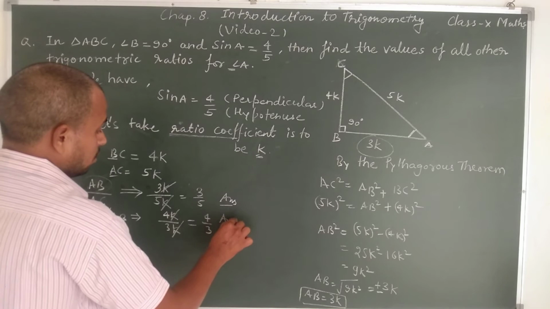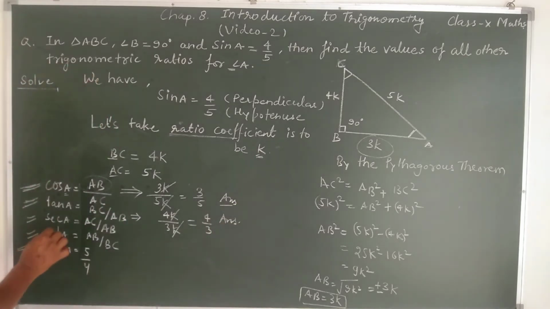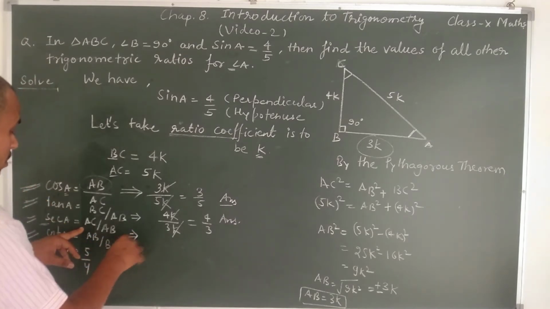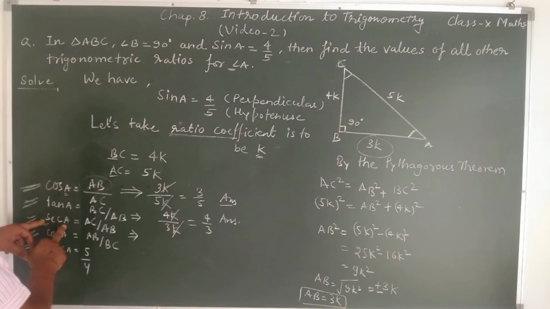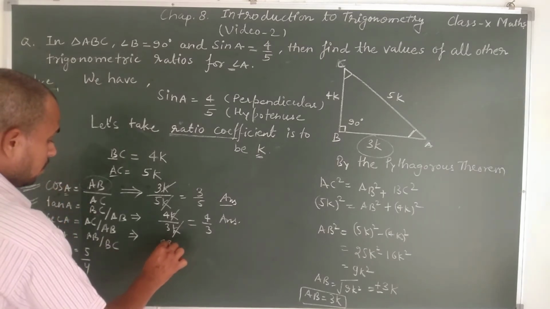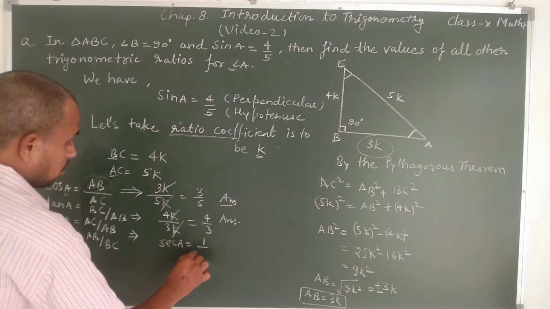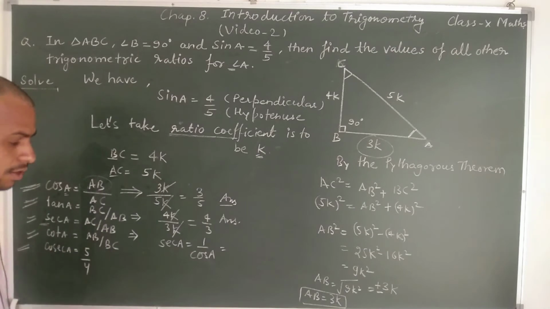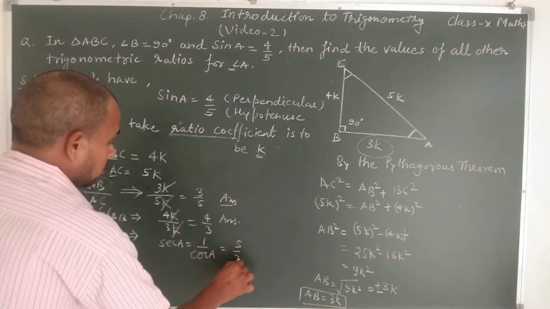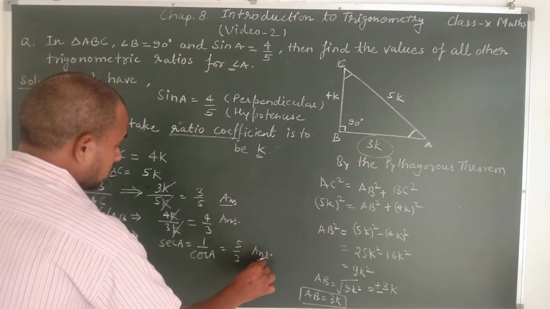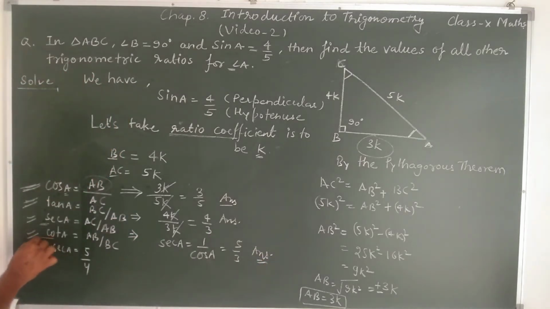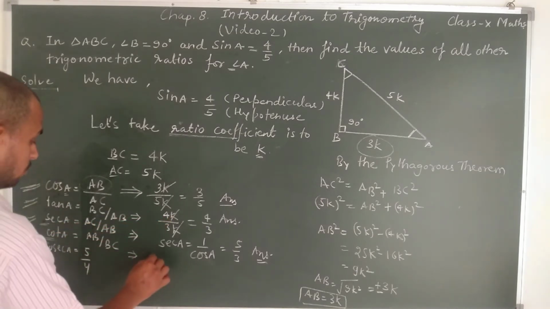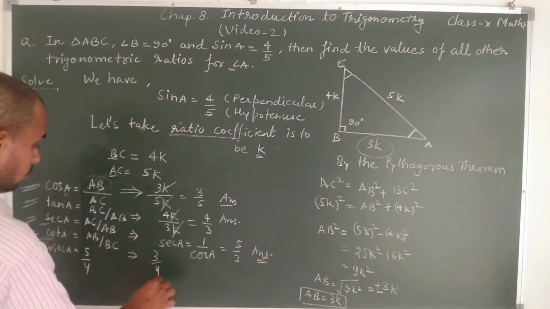This is the value of tan A. Similarly, sec A is the reciprocal of cos A, so sec A equals 1 upon cos A. The value of cos A is 3 upon 5, so 5 upon 3 is the value of sec A. Now we find cot A. Cot A is the reciprocal of tan A. Tan A is 4 upon 3, so the value of cot A is 3 upon 4. Answer.